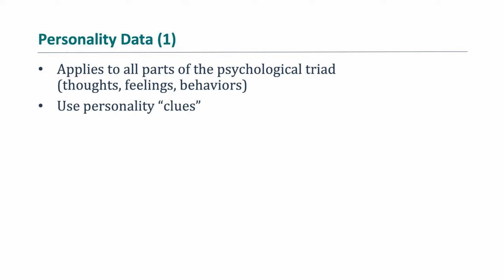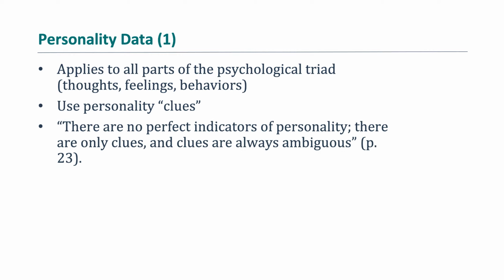You can't fully observe it quite like a trebuchet. What you can do is observe certain qualities of a person, and the qualities give you these clues. And so the psychologist's job is to put all of these clues together, and try to interpret them correctly to understand the personality.